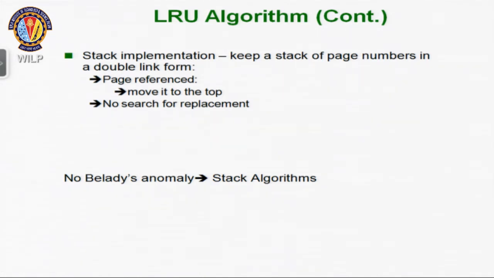So the top of the stack would have the most recently referenced frame, and the bottom of the stack would have the least recently accessed frame, which essentially means that we would not require to search the frames.